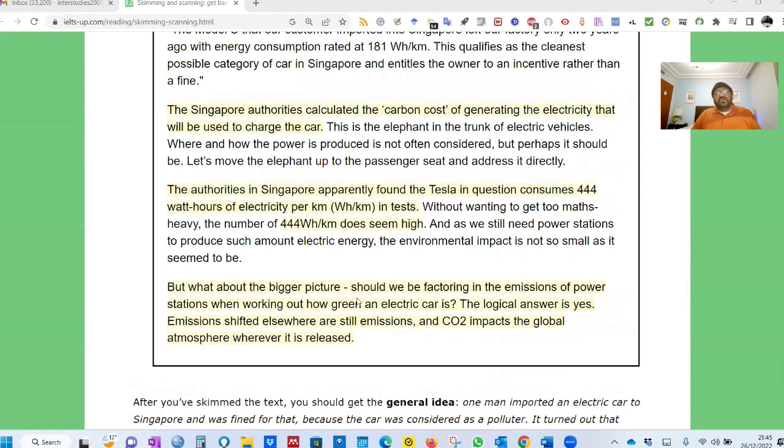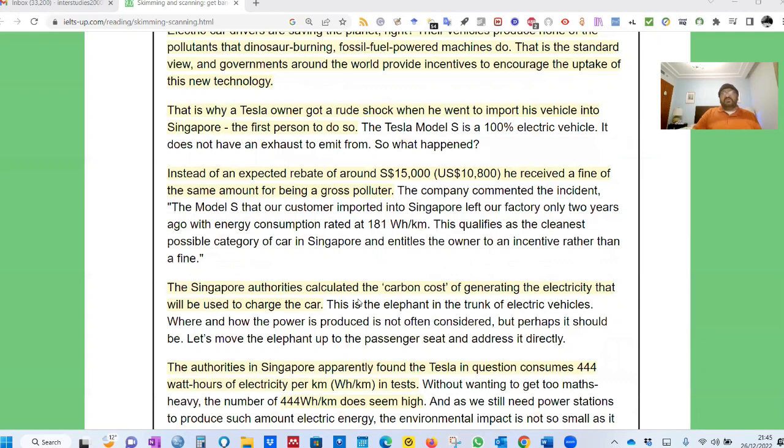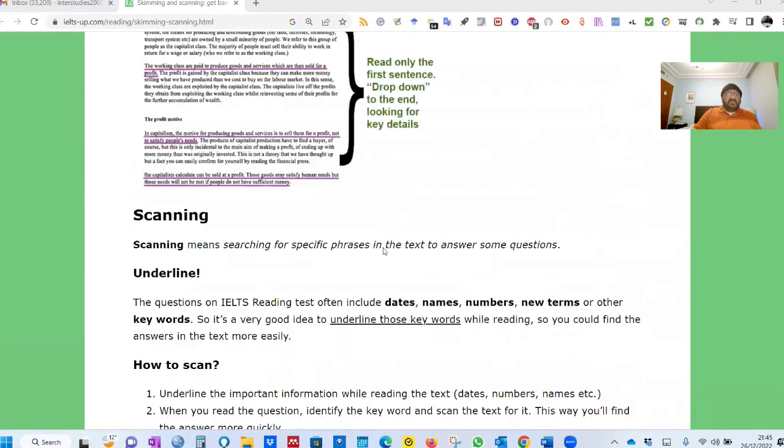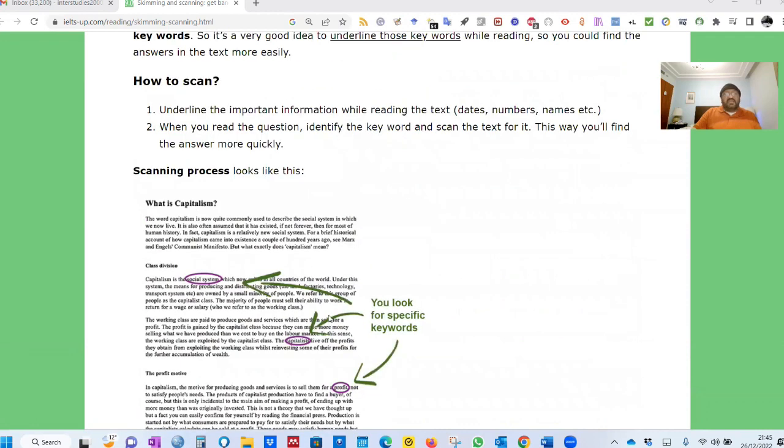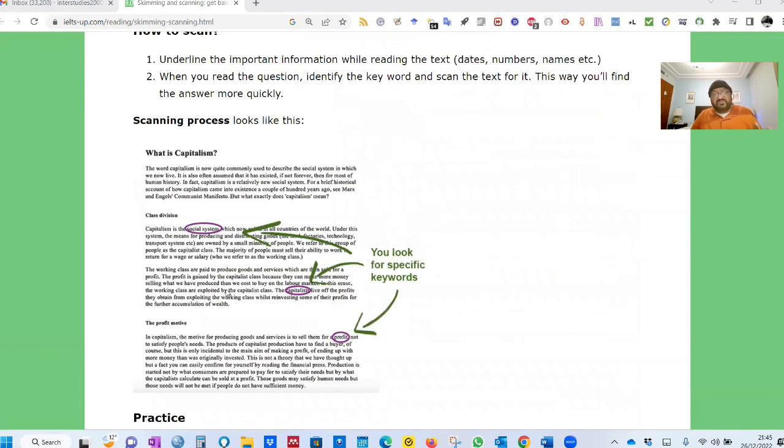So this way you go for skimming. Scanning is for specific information and specific words. This is very easy. You go for specific words that give you more information for reading and understanding. You understand now? So this is what I say.